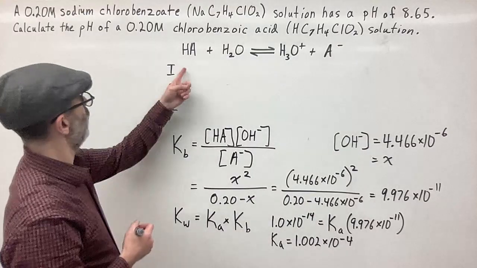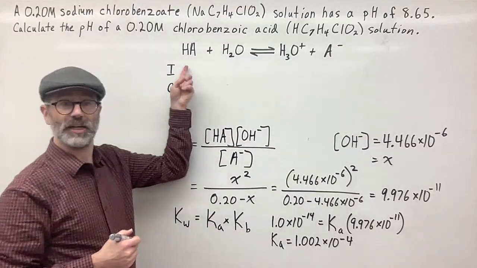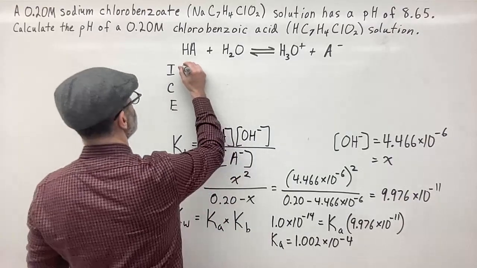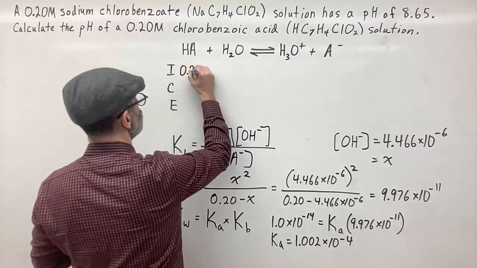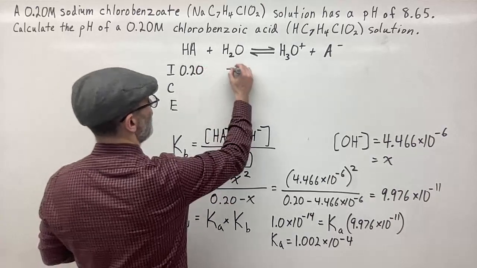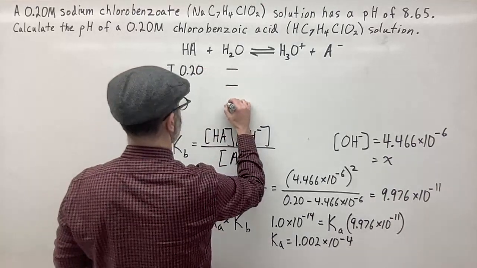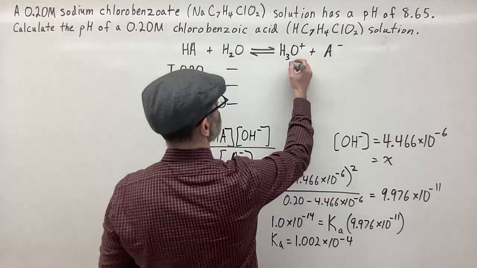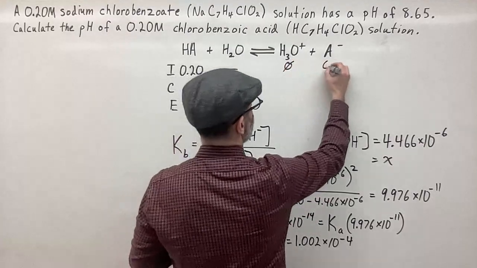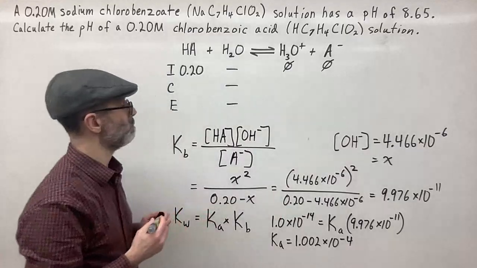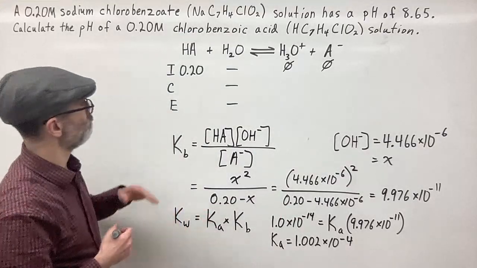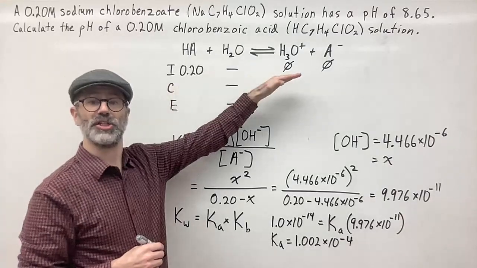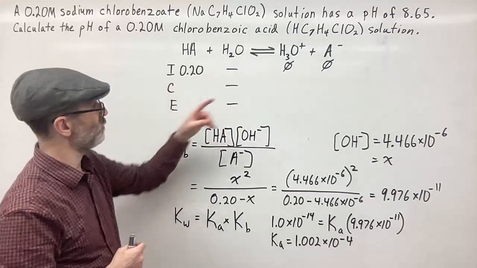And again, we're given the concentration of 0.20 molar. So we'll put 0.20 there. Again, water is not going to participate in this. We're going to ignore that. And we're going to start with 0 amount here. And we know that's going to shift towards the products because there's 0 products.